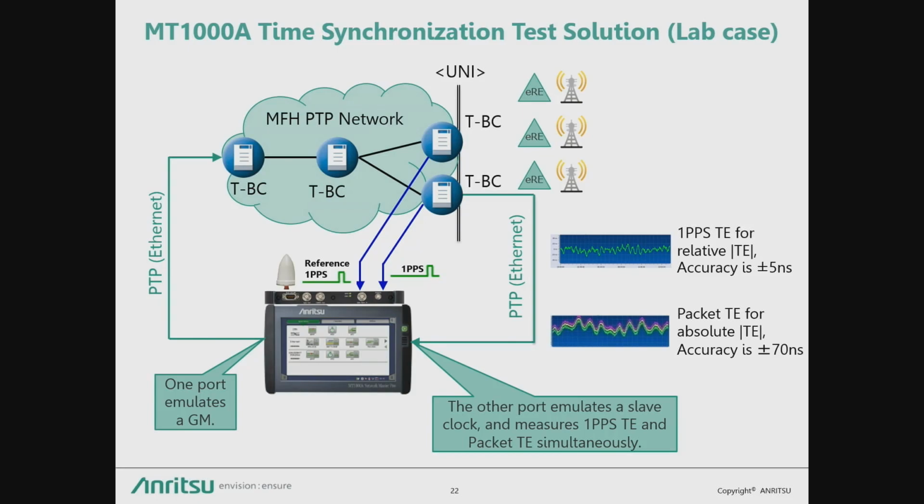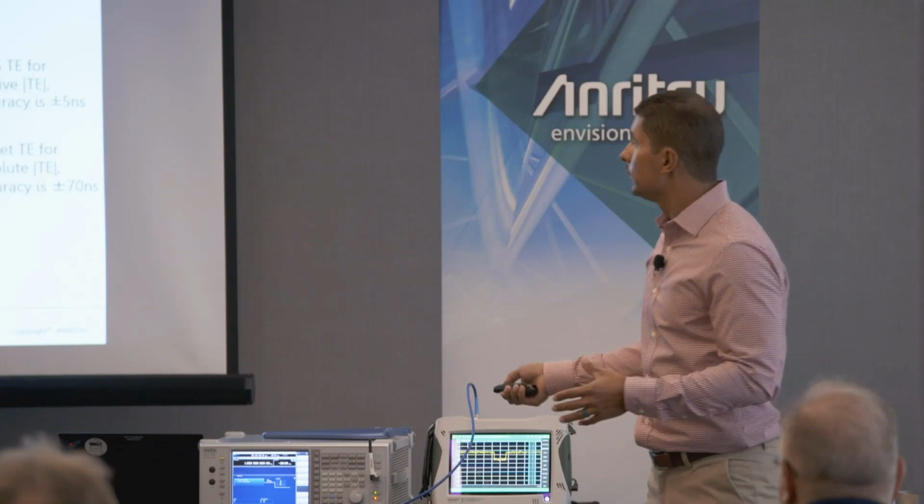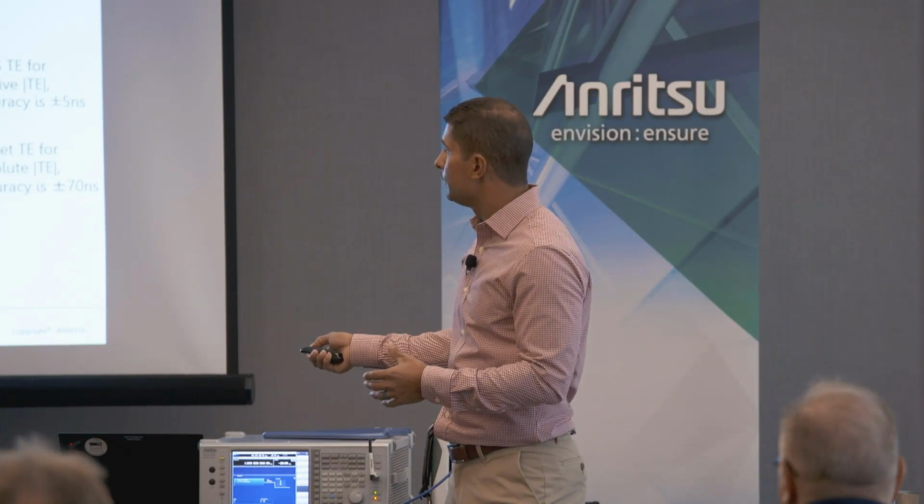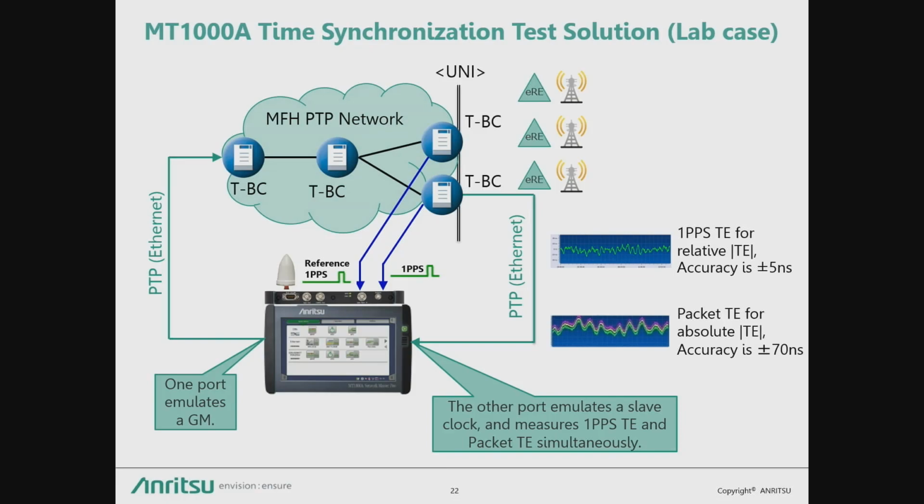I need to look like the grandmaster, but bring it all the way to the far edge. So you're getting a reference signal into your network tester, taking that all the way to your boundary clock, and then measuring it out of your boundary clock and verifying the offset. What is that difference in timing error?